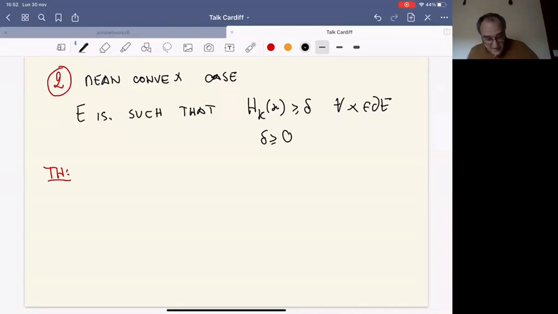So now let me just first give the definition.